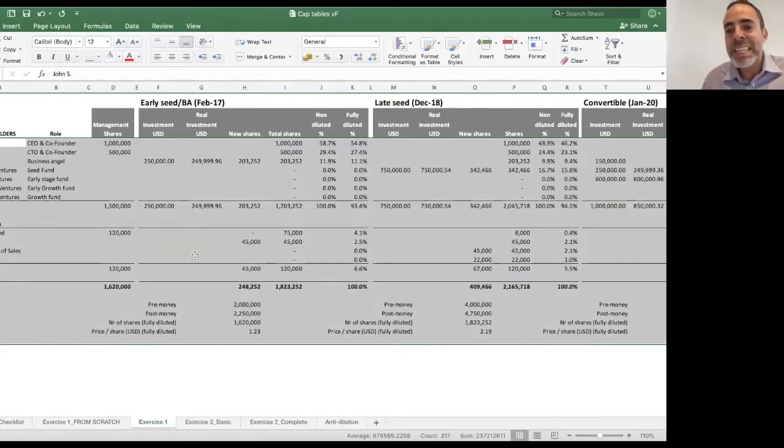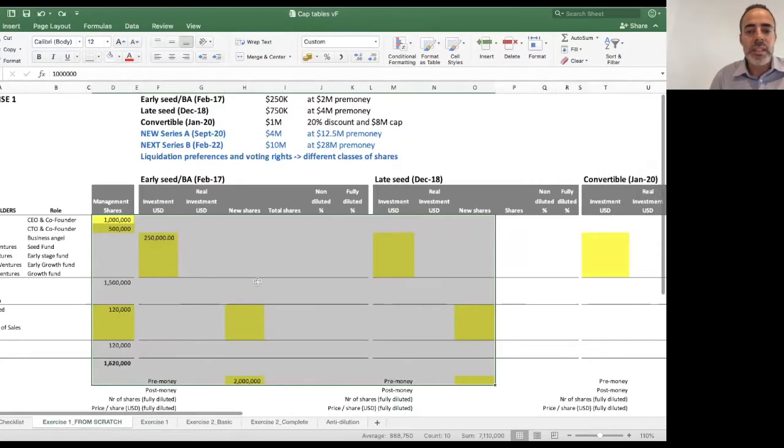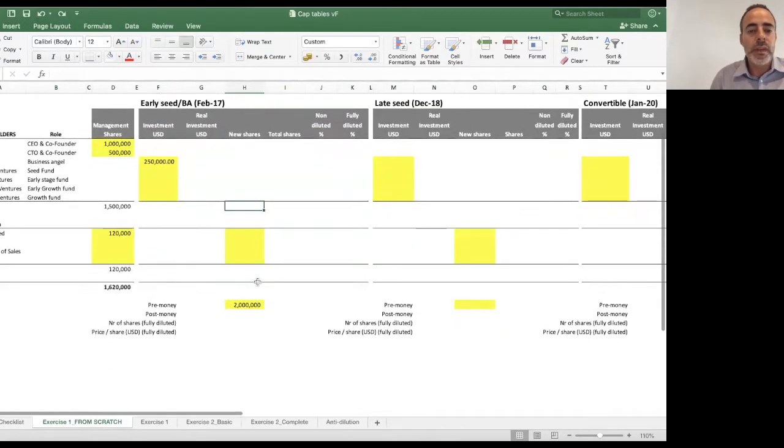Because you are negotiating based on this. This is the tool you're using to negotiate and understand what do I give to whom and how, and what does that mean for my pocket, okay? So be careful with that. Color coding, very important in anything you do, okay?